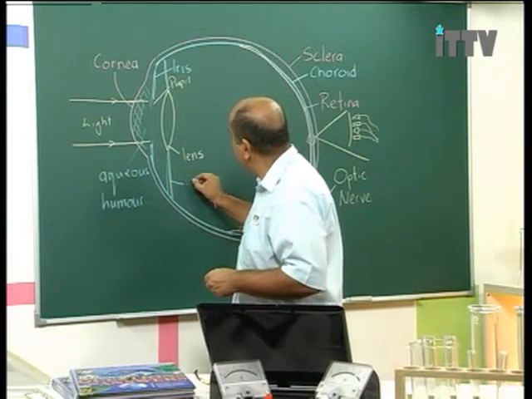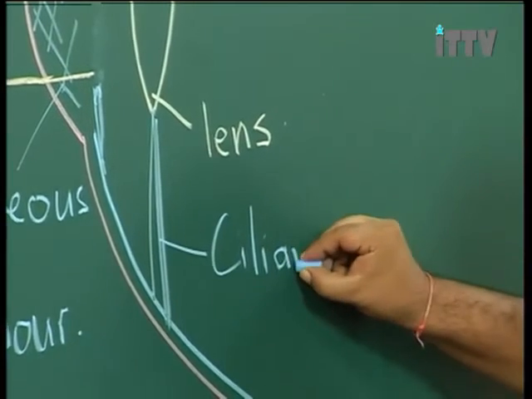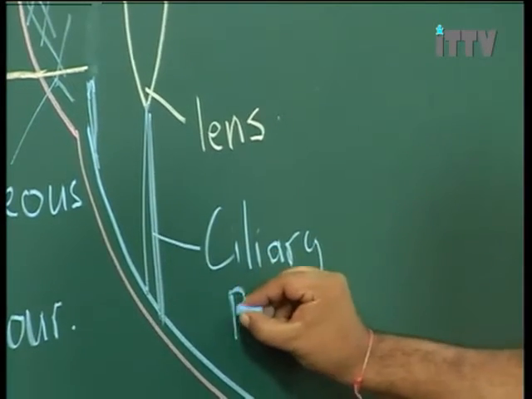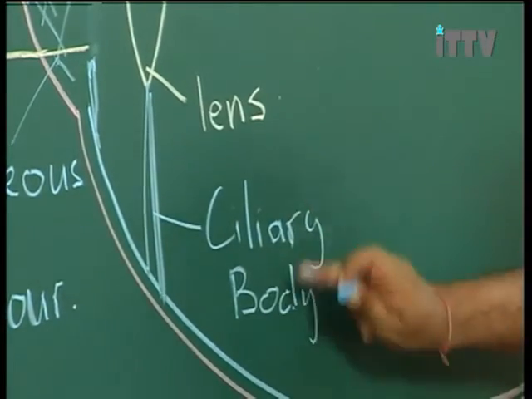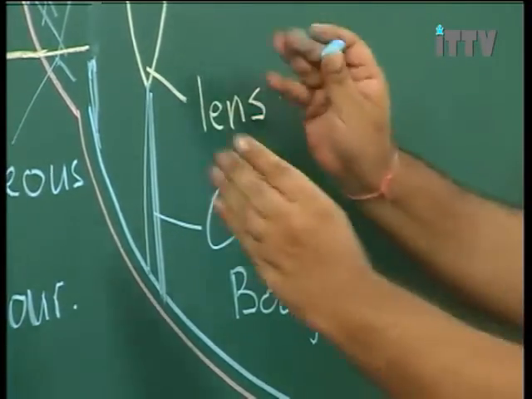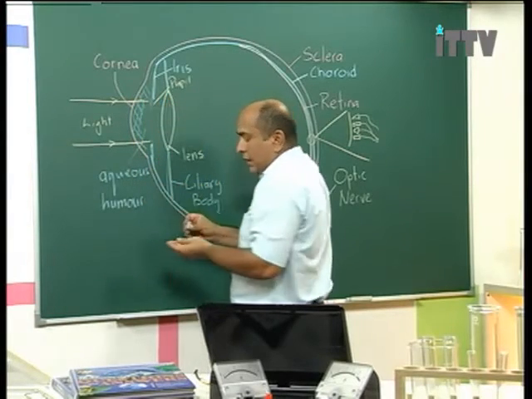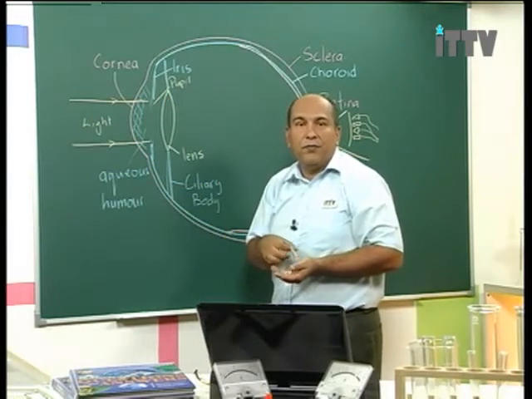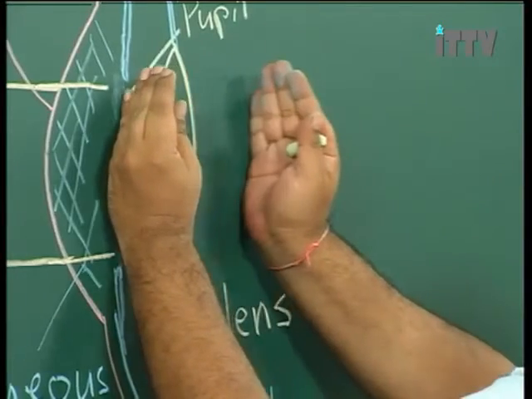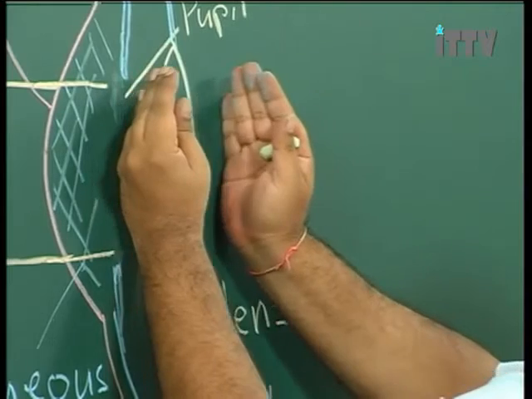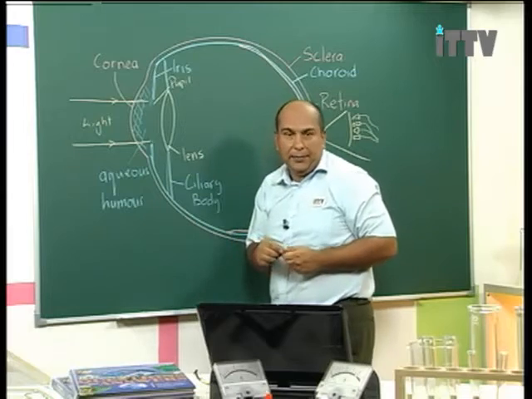I'll just label this the ciliary body. Okay, that ciliary body allows the lens to become thicker or thinner, depending on how we want to focus. So remember, the ciliary body can make the lens become thicker or thinner, depending on what we are looking at.